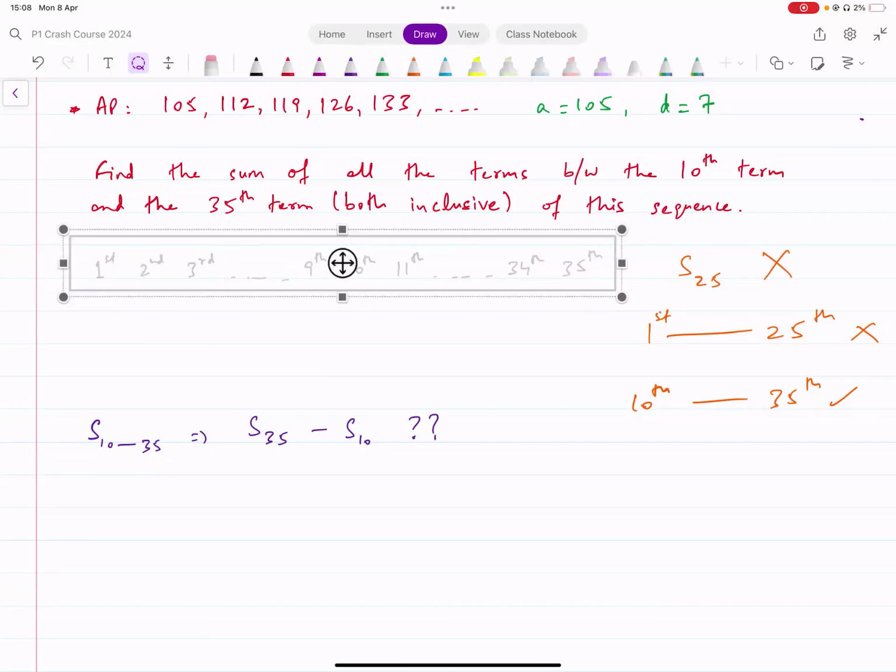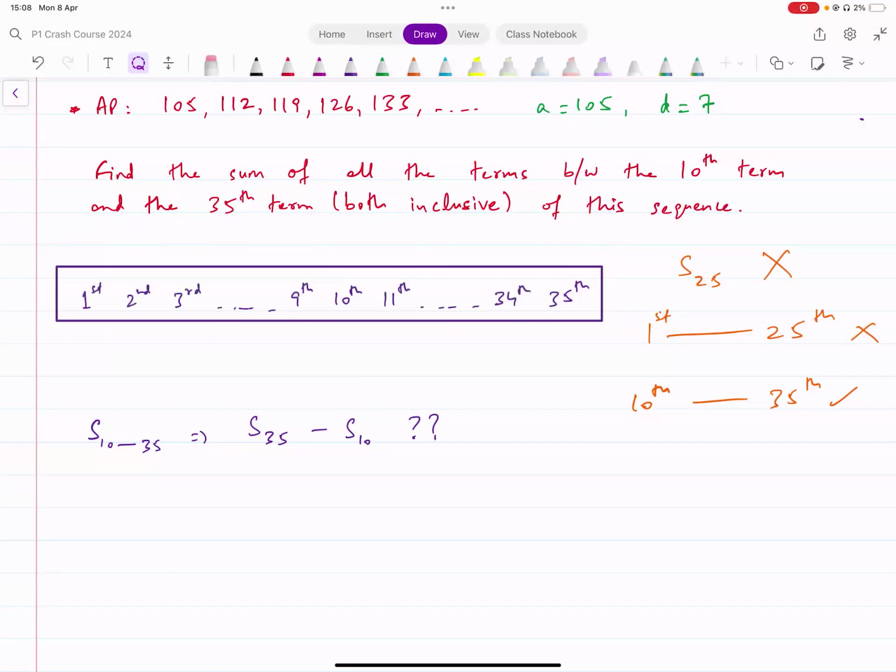Okay. So what you're doing is saying, let's add all of these terms, the sum from 1 to 35. That's what this is. What are we actually looking for? We are looking for the sum of the terms from 10 to 35. These are the terms that we want. So which terms should we subtract from the total?